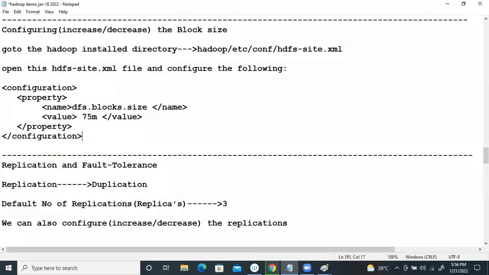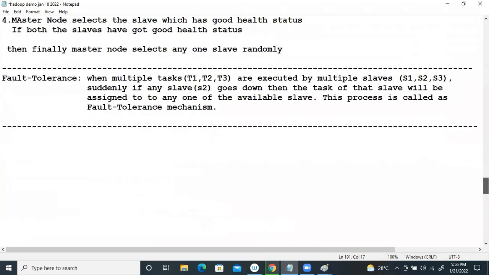Before this, the design principles with respect to replication.